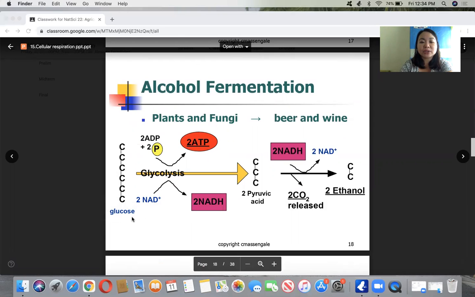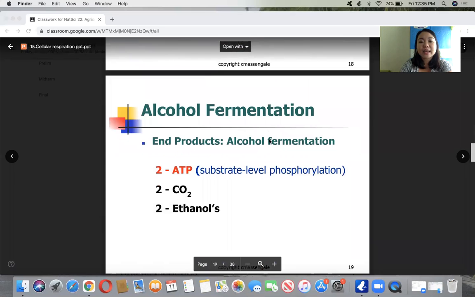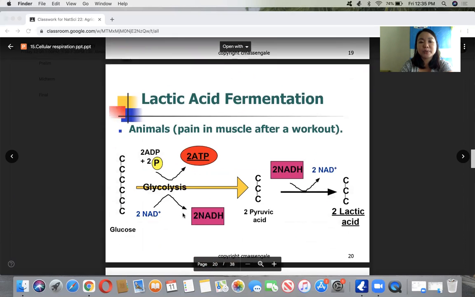In which glucose is converted to 2 pyruvic acid with the release of carbon dioxide and ethanol as the main product, with 2 ATP and 2 NADH. The end product in alcohol fermentation is alcohol, with 2 ATP, 2 carbon dioxide, and 2 ethanol.